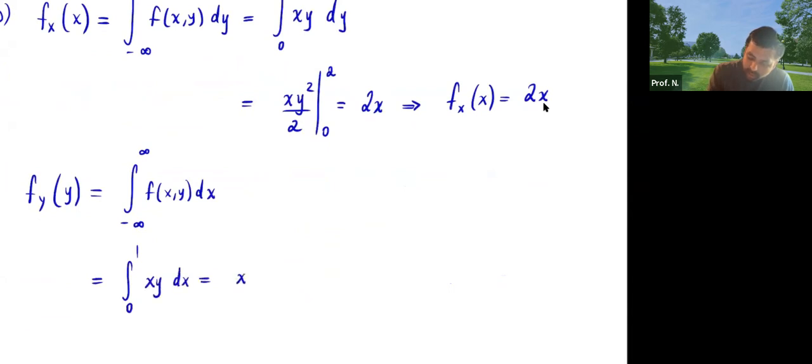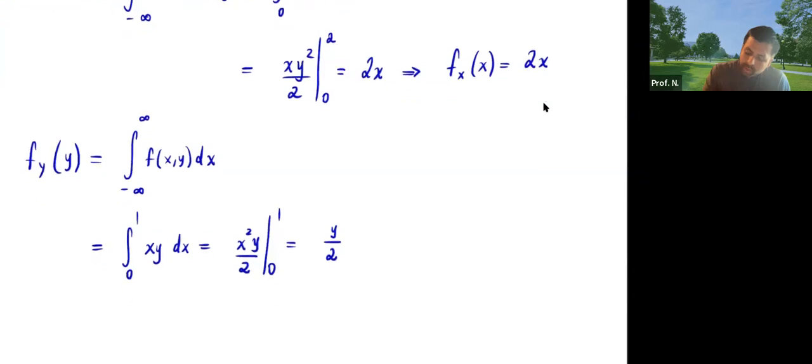And so I get x squared y over 2 this time from 0 to 1. And when I plug that in, I get y over 2. Right? So then the marginal density of y is y over 2, or half y.